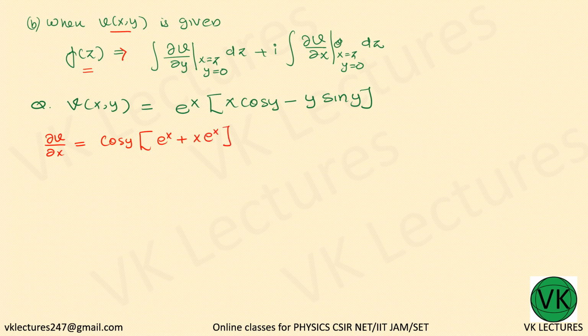Now this one at x equal to z and y equal to 0 means we have cos 0 is 1, so e to the power z plus z e to the power z.